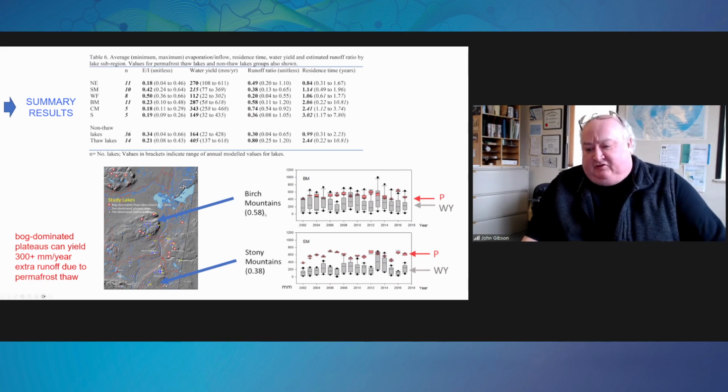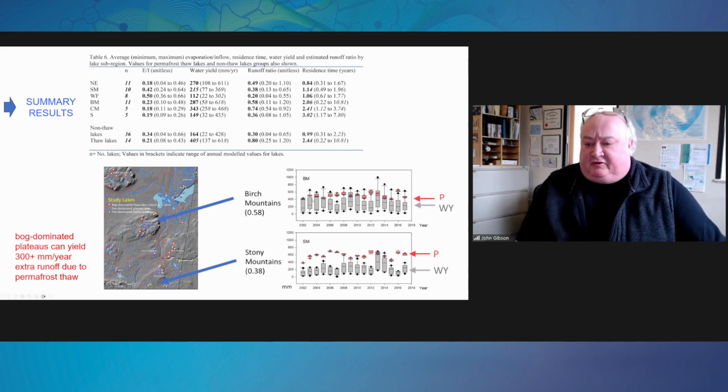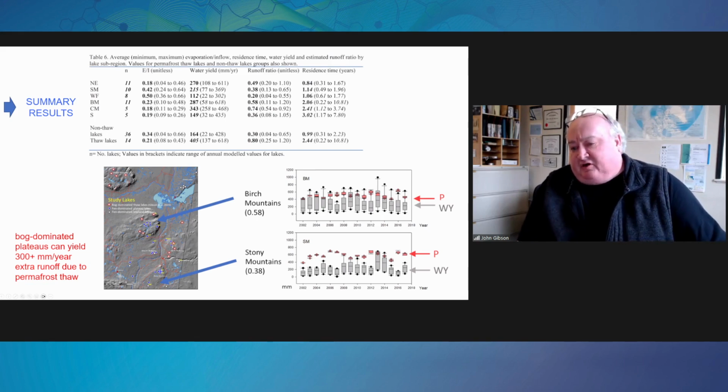In the south, we see water yield, so the runoff from the watersheds, is mostly less than the precipitation. But in the north, the water yields are sometimes higher even than the precipitation.